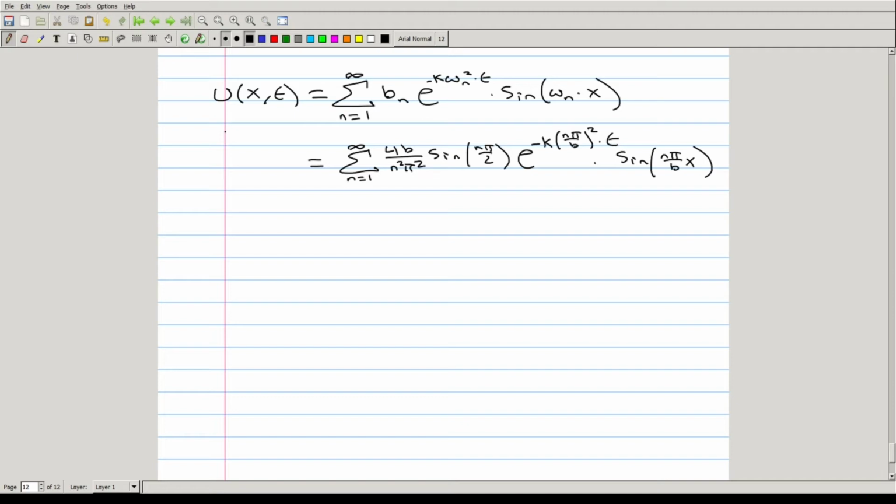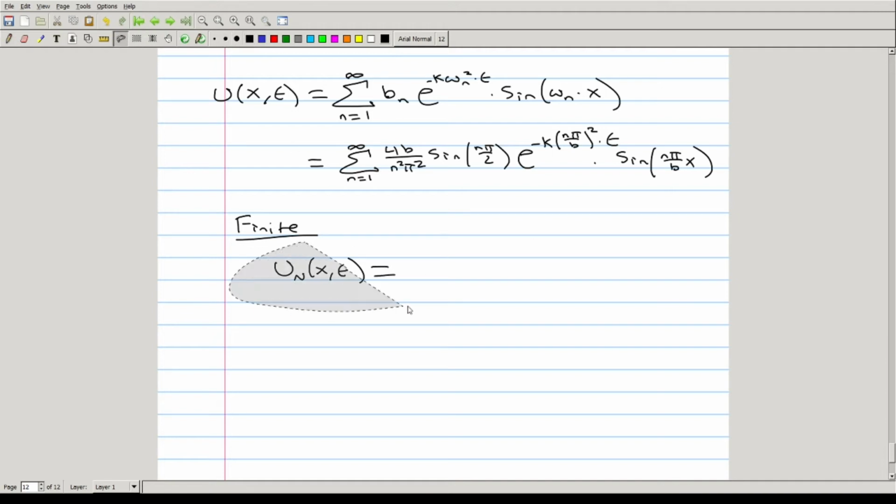I wrote my own custom Python code to give me an animation of this for various values of t. The downside of using code is that you can only do the finite sum, so you can only plot finitely many terms of this Fourier series expansion.